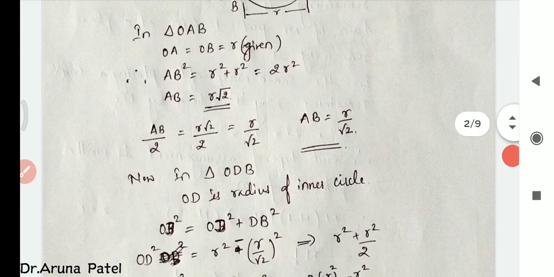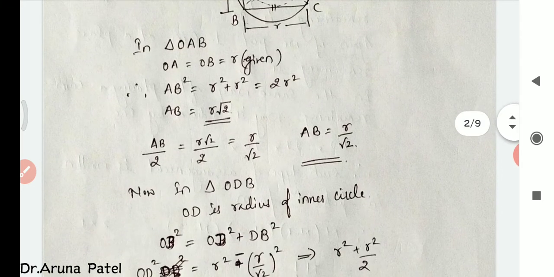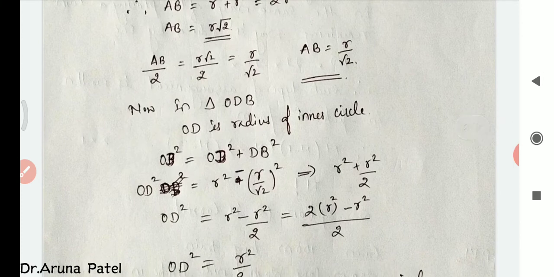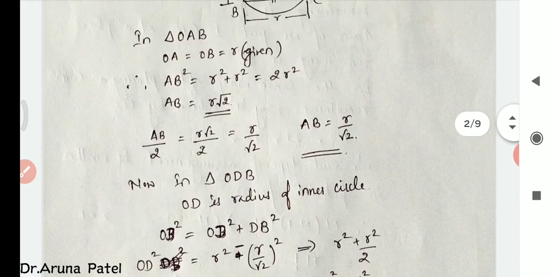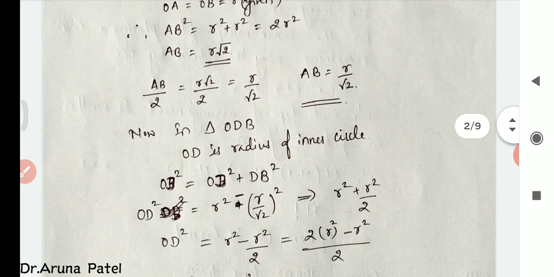So now in triangle AOD, OD is the radius of the inner circle. So we have to find it here. OB square is equal to OD square plus DB square. So from the figure, OD square is equal to OB square minus DB square.